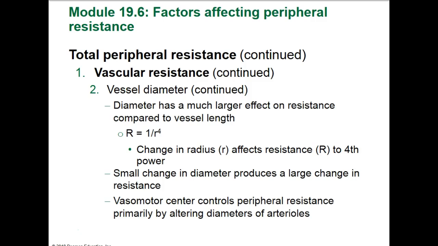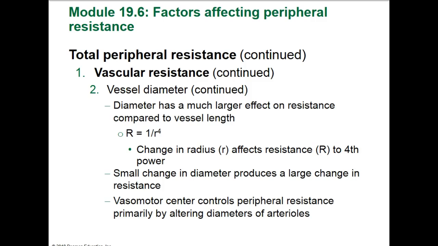When you ever have 1 over a variable, every time you increase the number in the bottom, that decreases your overall number, right? So if you have 1/4, then you go to 1/10, 1/25. Look how much smaller that number is getting. And that's the point being made here. That's how much smaller resistance gets as your radius increases.